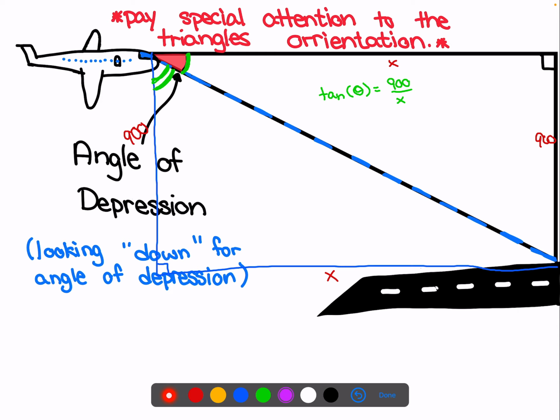If I look at this other triangle down here, this would give me tangent of theta equals x over 900. As you can see, these are not the same values, so you would get the wrong answer. So it's very important you always draw outward first and then down. If you don't, you're going to cause a mistake, because this should be the correct setup for this type of problem.